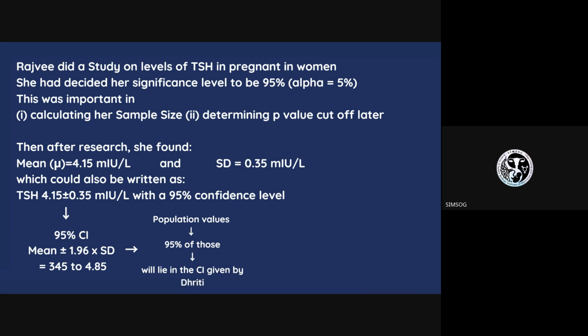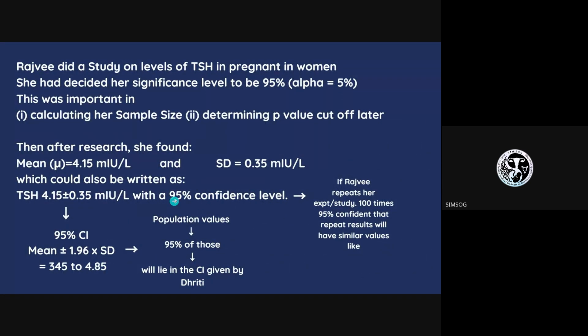Essentially, the 95% confidence interval will derive from these two numbers. Now, what does this 95% confidence interval tell you? That 95% of your population values will lie in the confidence interval which is given by Rajvi.